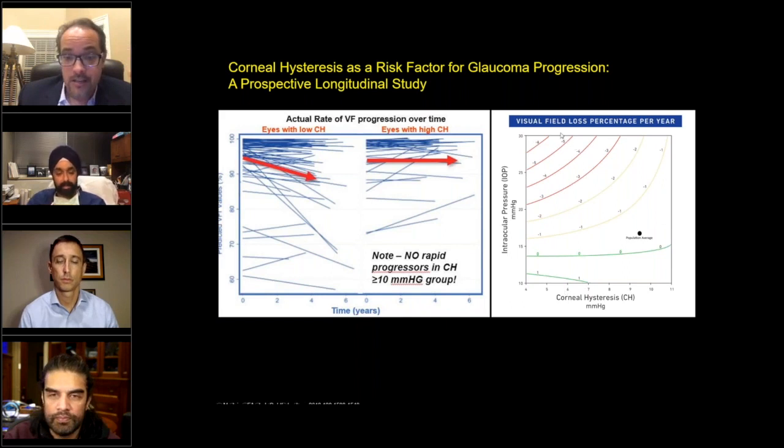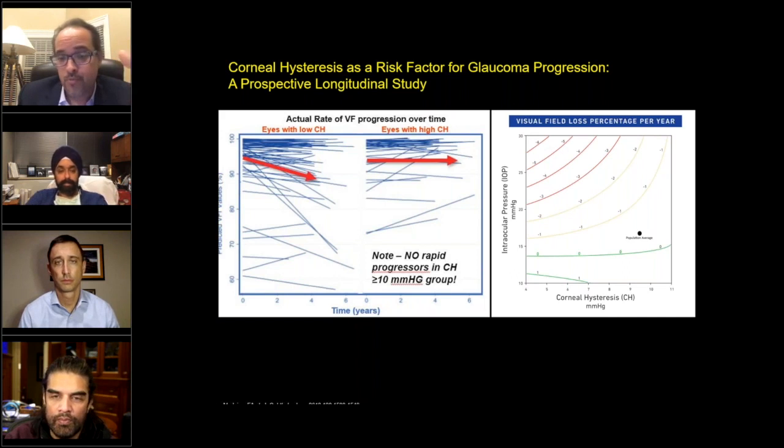You can see in the area of the red curves, and the little numbers that you see there are rates of visual field loss, the percentage of visual field loss per year.